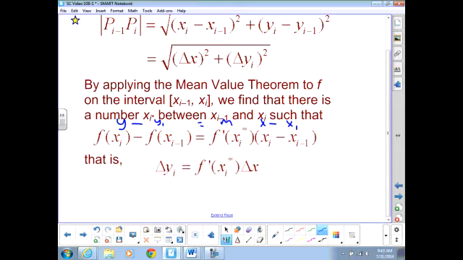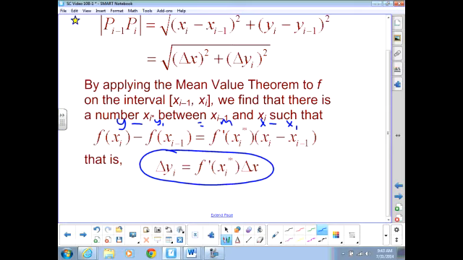Well, f of x_i and f of x_(i-1) are just our y and y1. f prime of x_i star is just our slope. And x_i minus x_(i-1) is just our change in x. So really, our change in y is just our derivative, which is like our slope at that point, times delta x.